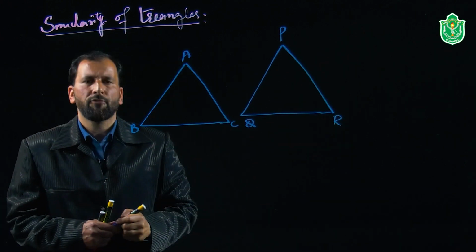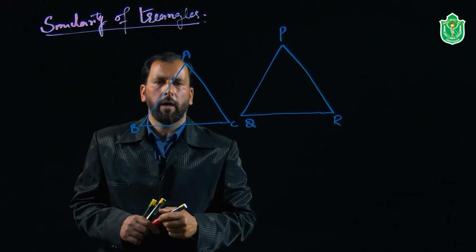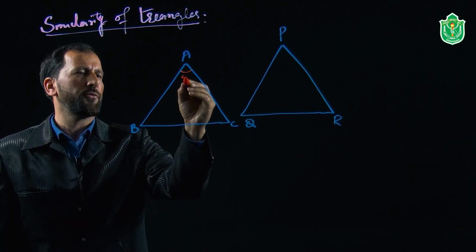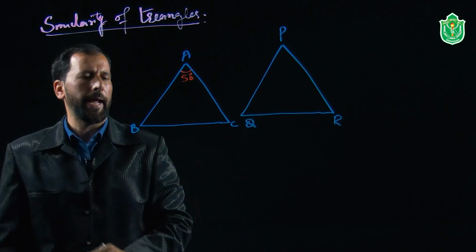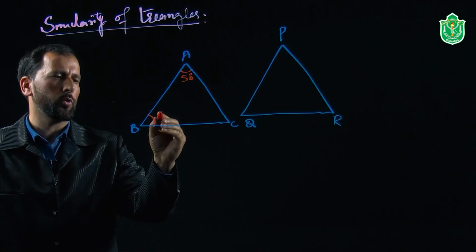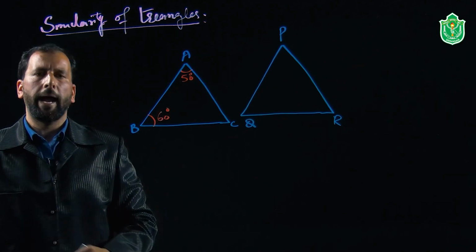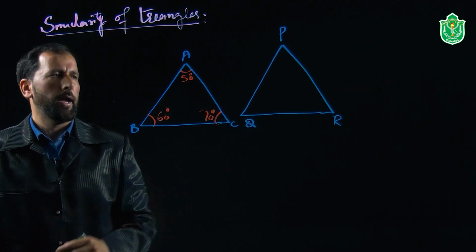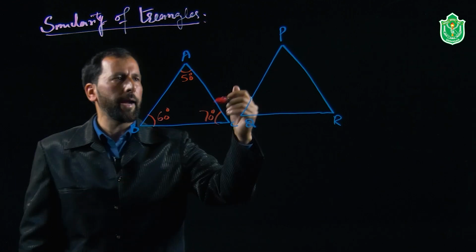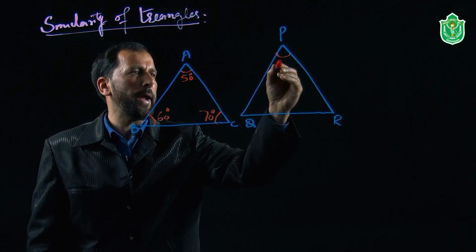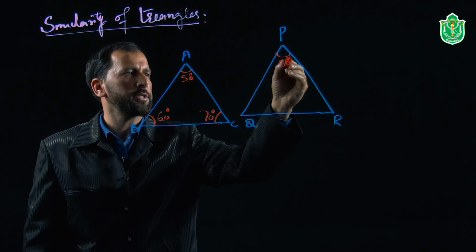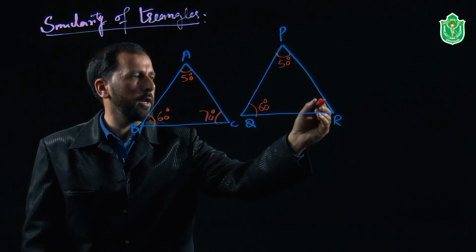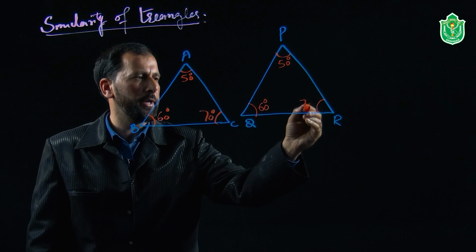So here, suppose angle A of triangle ABC is equal to 50 degrees, angle B is equal to 60 degrees, and angle C is equal to 70 degrees. And in triangle PQR, the measure of angle P is 50 degrees, angle Q is 60 degrees, and angle R equals 70 degrees.